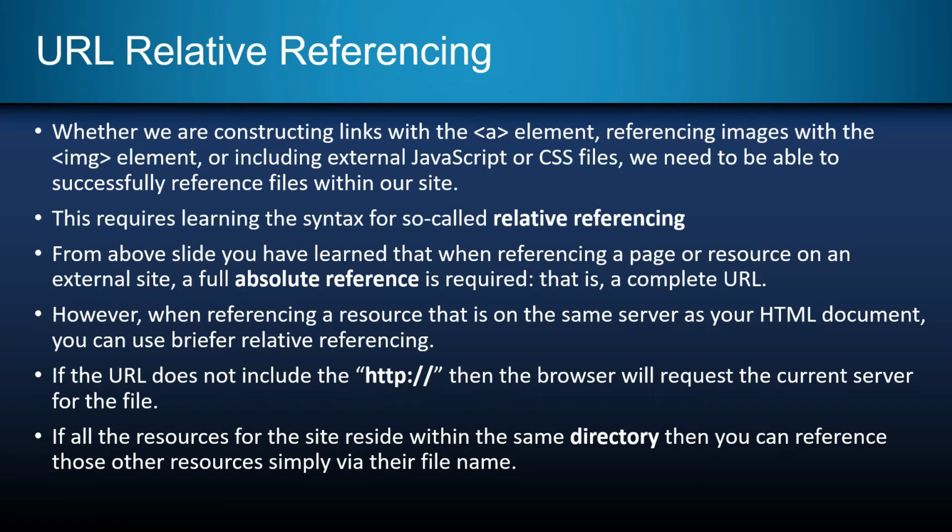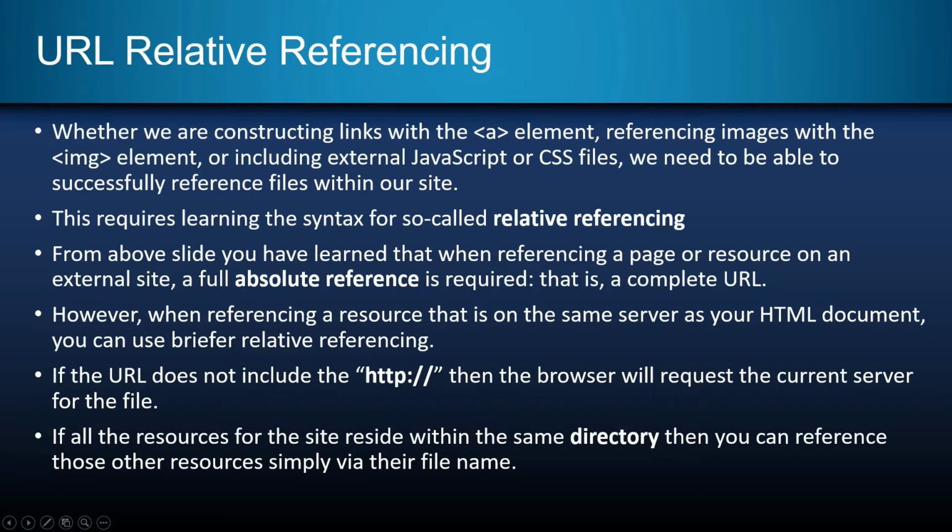If you are referring to a resource on a different website, you need to include an absolute reference that includes http colon front slashes. If you are referring to internal resources, for example any image file present in your server, in your project, then you need relative referencing.